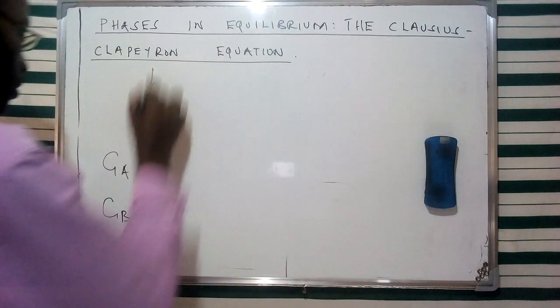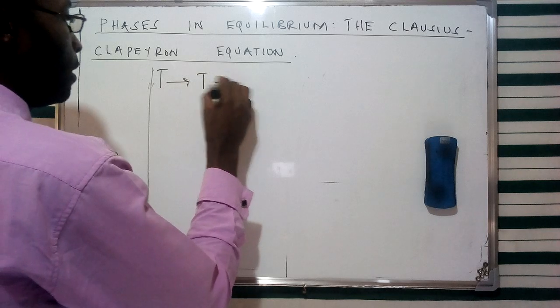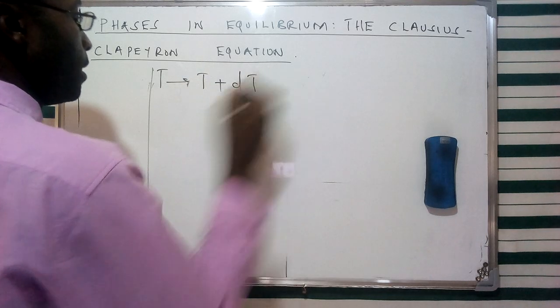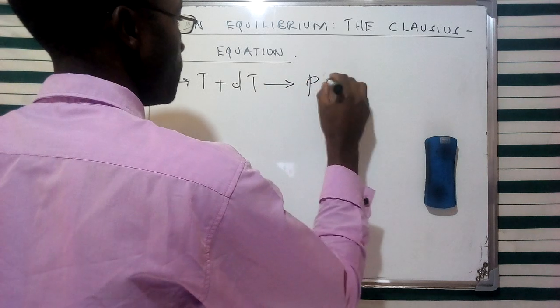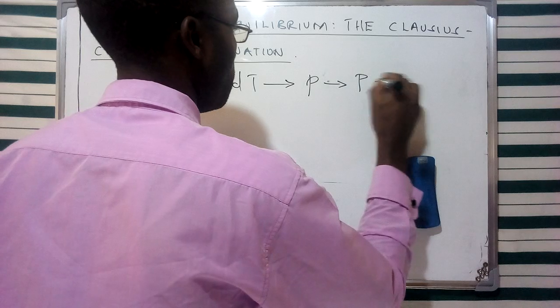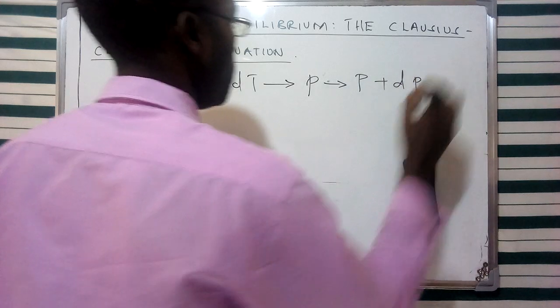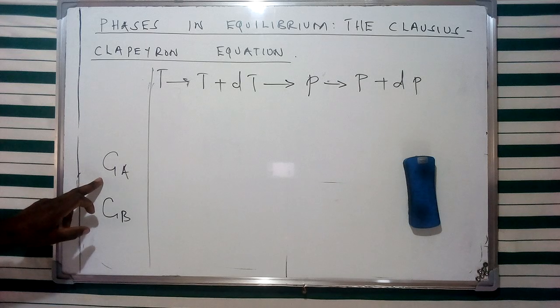So I'm going to consider two cases whereby a change in temperature from T by an amount dT is going to correspond to a change in pressure of a corresponding amount, P plus dP, given as such.